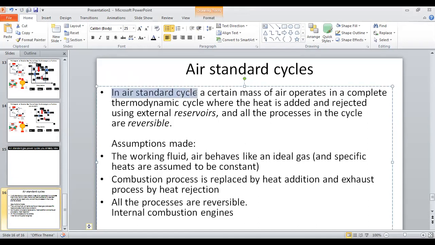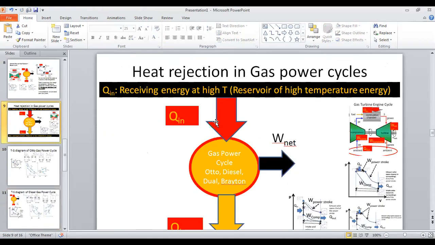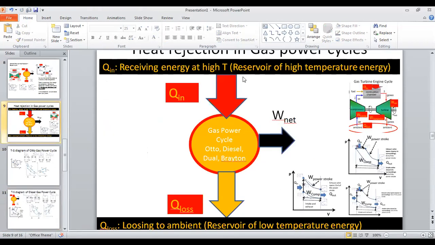In air standard cycle, a certain mass of air operates in a thermodynamic cycle, where the heat is added and rejected using external reservoirs. So I mentioned this. Heat rejection using external reservoirs.